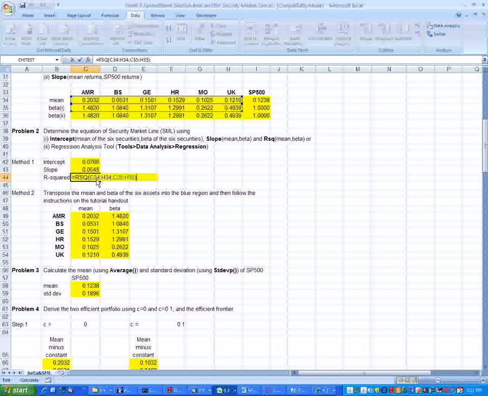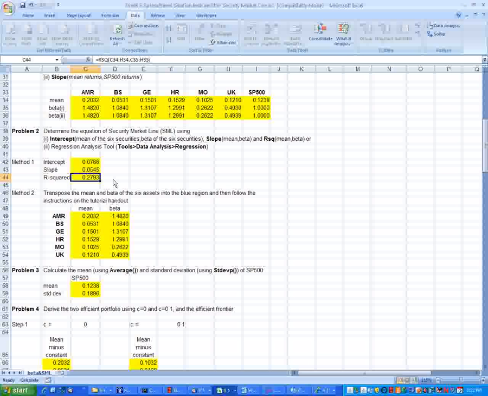An R squared of 1 tells us that the linear regression can explain all of the variability between the independent and the dependent variable, in this case between the mean return, which is the dependent variable, and the beta, which is the independent, explanatory variable. Unfortunately, we can see that the R squared is only about 28%. So 72% of the variability in the data is not explained by beta, the explanatory variable.